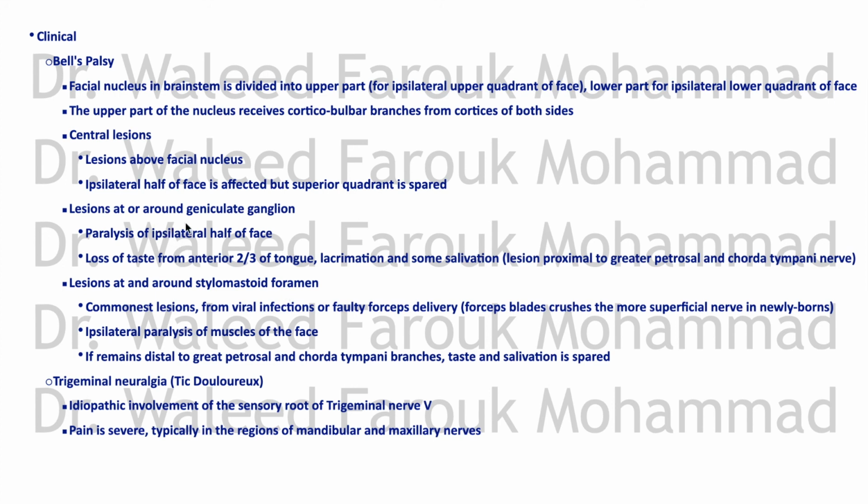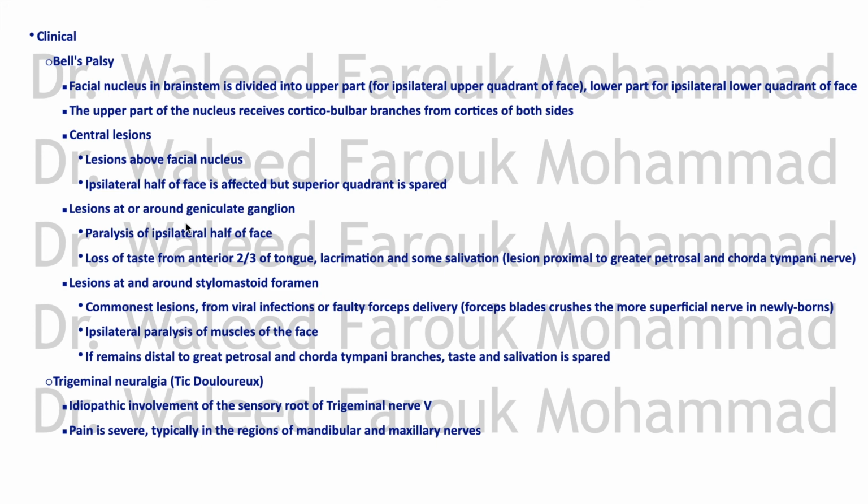Now, above the facial nucleus, we said there should be ipsilateral paralysis of the face, but the upper half will be protected because it receives dual nerve supply from the cortex.